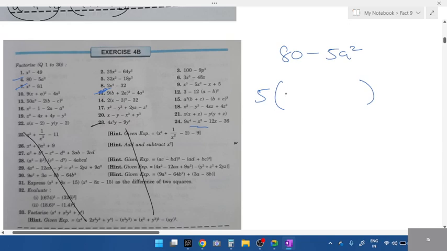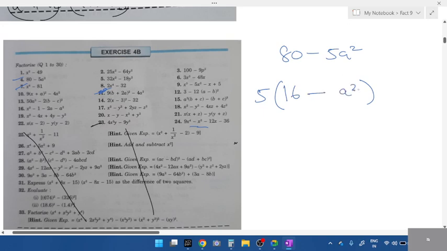So you should definitely get a perfect square number inside. Divide 80 by 5. How many times 5 goes in 80? 16 times, not 14, Amy. 16.